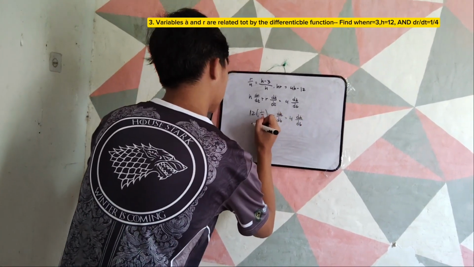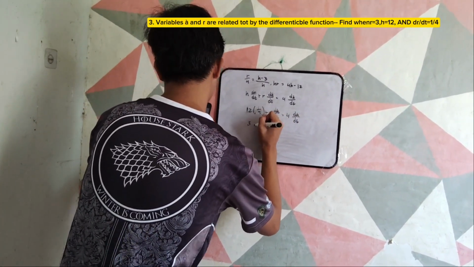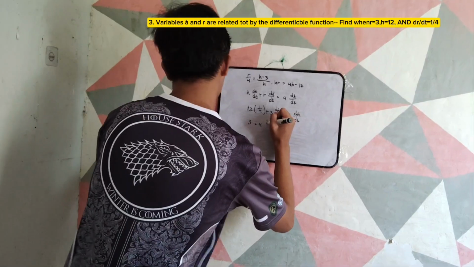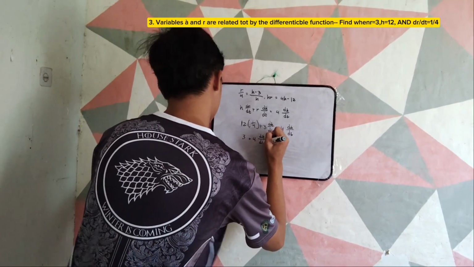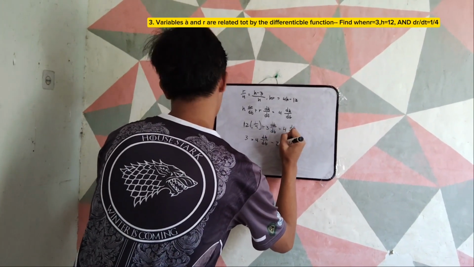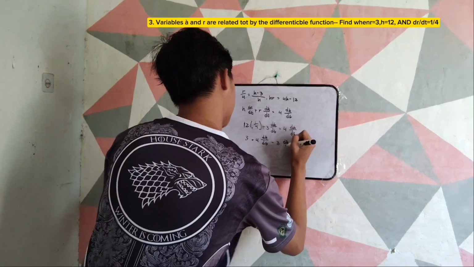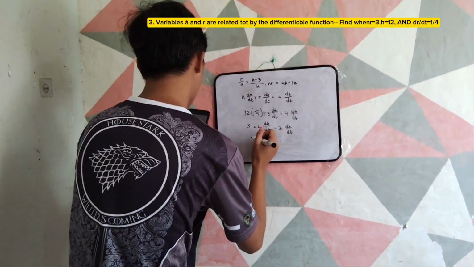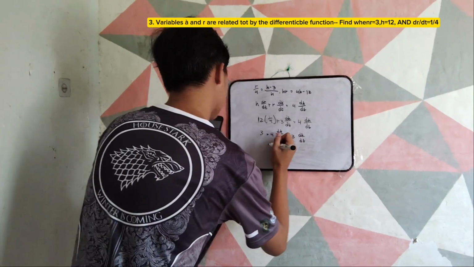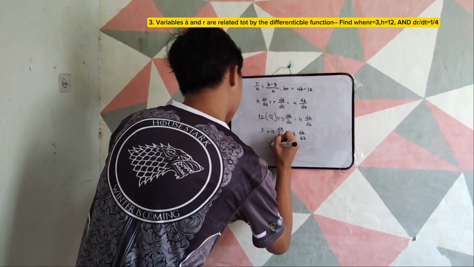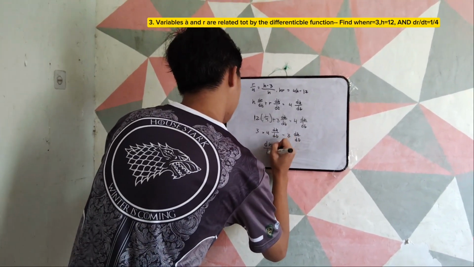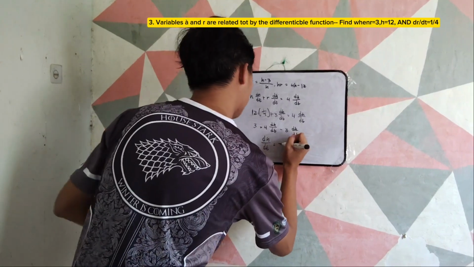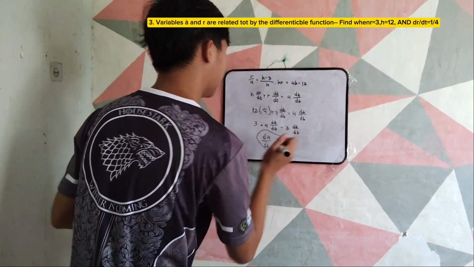So 3 times 4, dh over dt minus 3. So therefore our final answer will be dh over dt is equal to 3. So this will be our final answer.